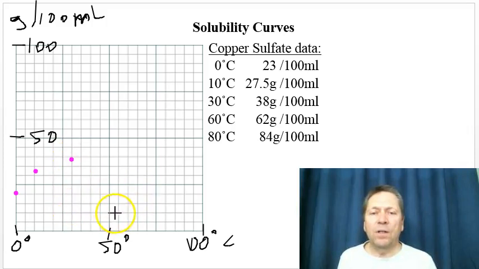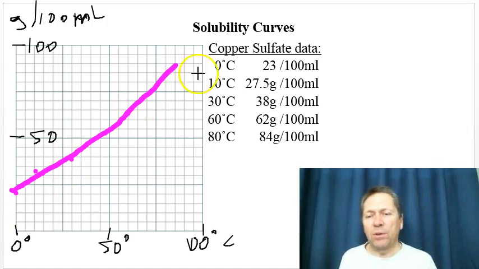At 60 degrees it's 62, which is about there, and at 80 degrees it is 84, which is about there. And we need to join those dots up with a line that goes like that, basically going between all the different points on the graph. So there's a solubility curve for copper sulfate, and that's how you draw one up. It doesn't necessarily take very long.